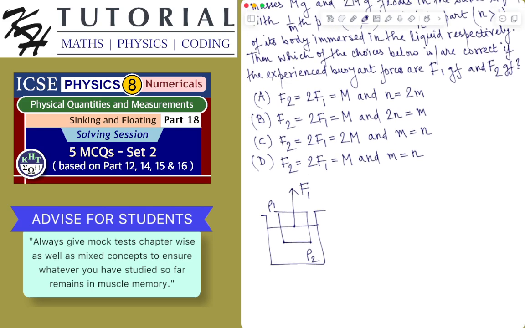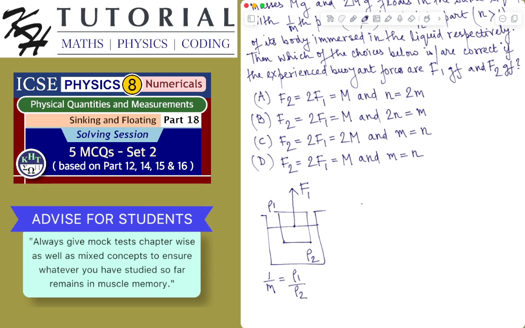So for the first body, I can say that 1 by m is equal to rho 1 by rho 2, because we know that when a solid body of density rho 1 is floating either partially or wholly inside a liquid of density rho 2, then the fractional part of the solid body which is immersed in the liquid is rho 1 by rho 2.